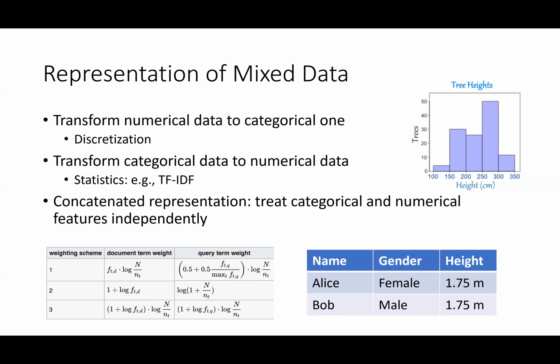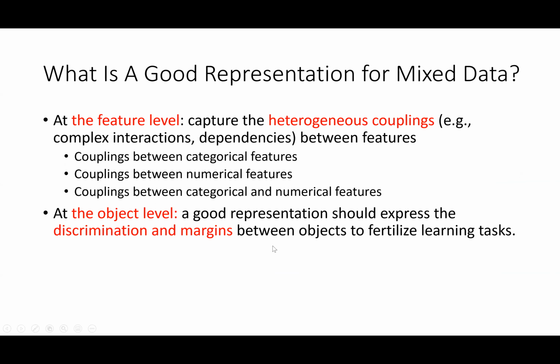It could cause misleading, incorrect outcomes. But if you incorporate the thinking of heterogeneity and coupling or interaction, you could do a much better job. And we also know there are issues with TF-IDF. You can't simply use it in many cases, like in event or sequence modeling, or in behavioral analytics.